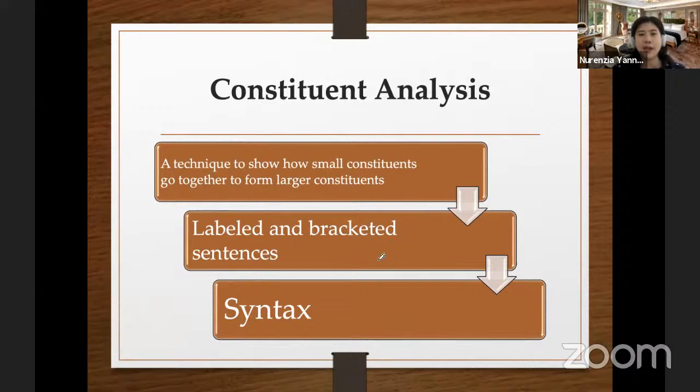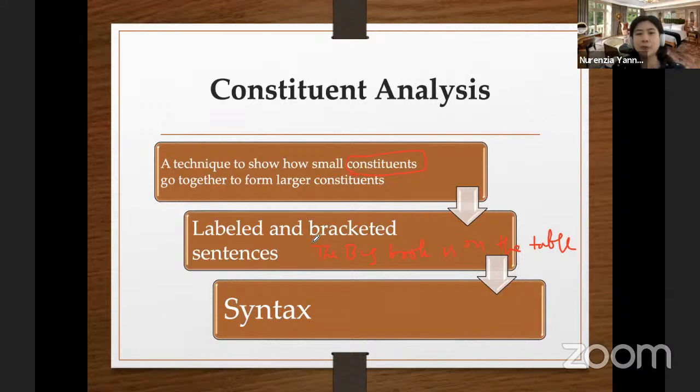Let me try to illustrate this. For example, you have a long sentence such as: the big book is on the table. We try to see which are the constituents, which ones go together in one constituent before they form a larger constituent or sentence.